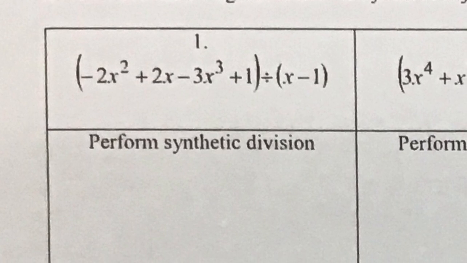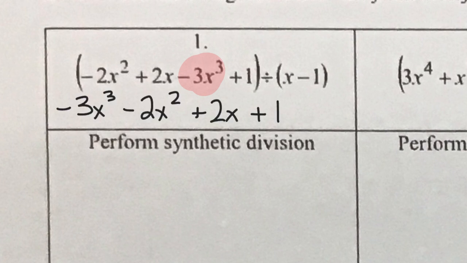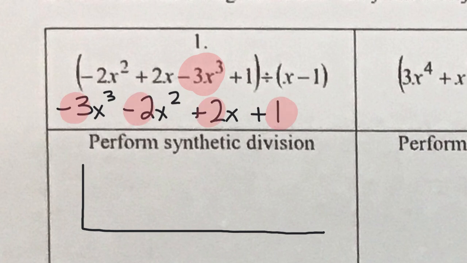First of all, I hope you notice that this term is out of sequence. Before we do any synthetic division, we need to have it in the correct standard order. So now that it's in the correct order, synthetic division involves making this upside down division house. Maybe that's not its specific name, but this is how we perform it. Synthetic division only involves the coefficients of your polynomial.